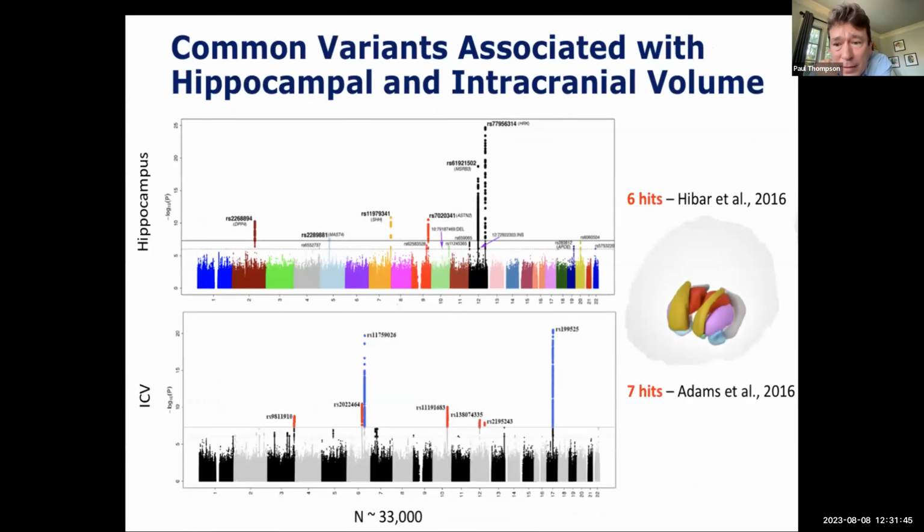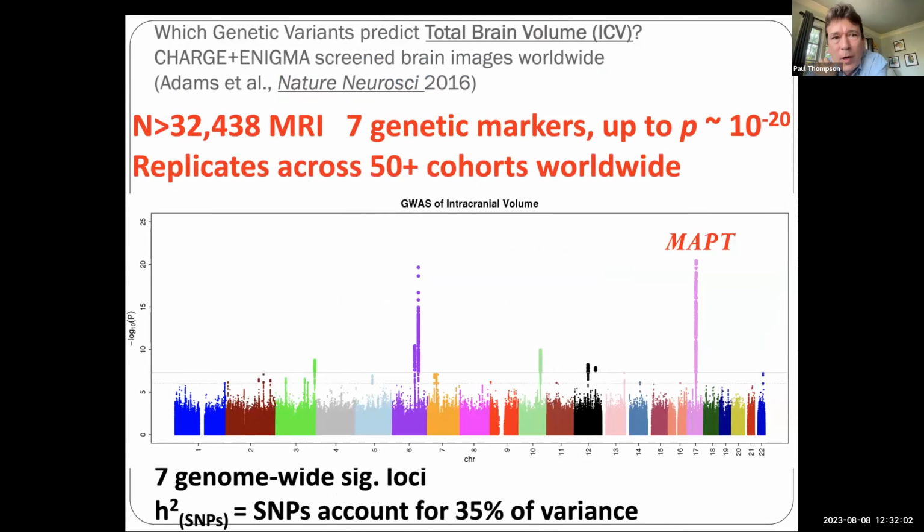Anyway, the first thing to note, this is analysis by Derrek Hibar at the top, and here Adams working with the CHARGE Consortium and ENIGMA on the bottom. Intracranial volume at the bottom has a number of hits. Hippocampal volume at the top has a number of hits. One interesting one is the MAPT gene.